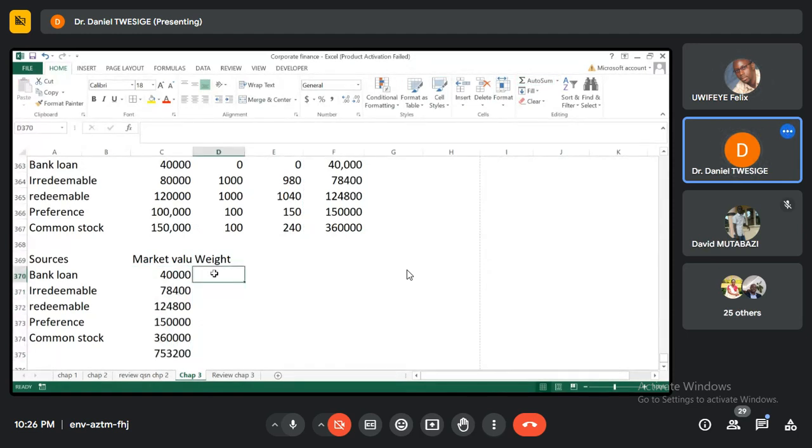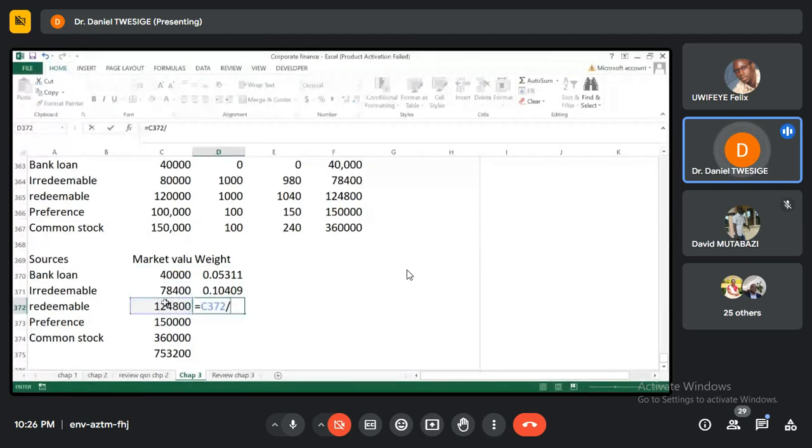To get the weight, I will get the value of the source and divide it by the total market value. I repeat, the value of the source divided by the total market value.